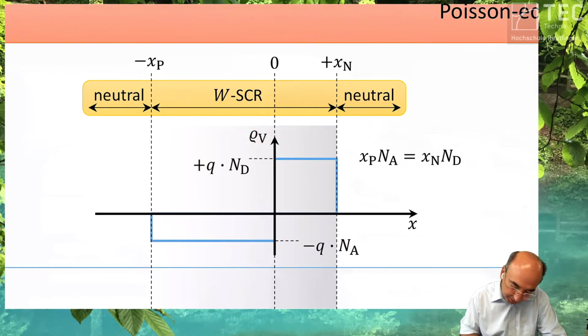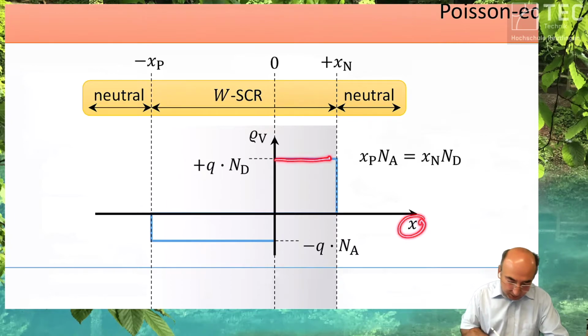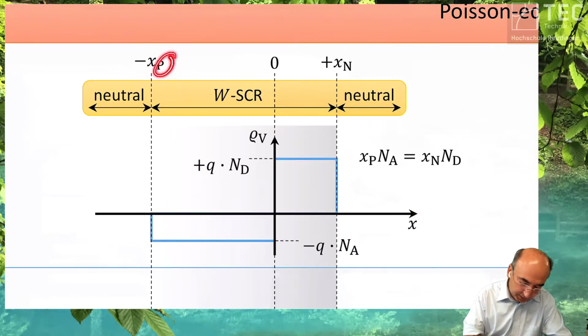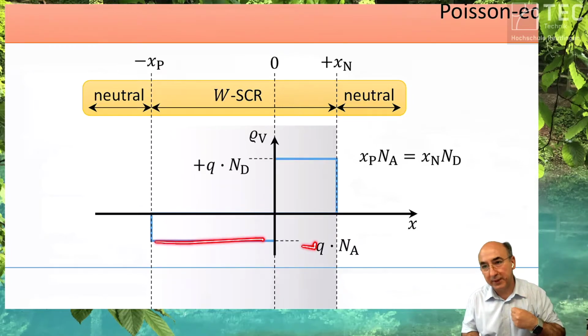Therefore, we have this line, and it is constant as a function of the x value. In the p-type area, the space charges are negative because they have accepted the electron.